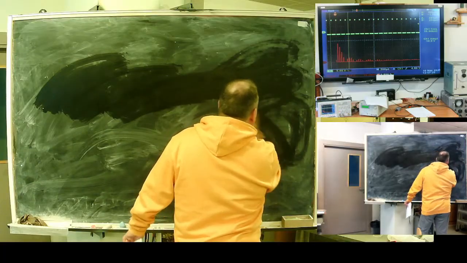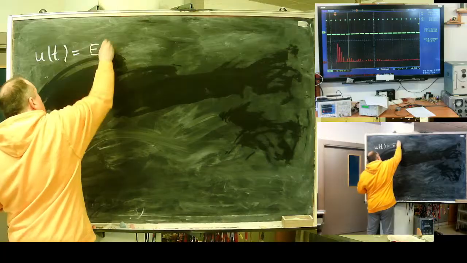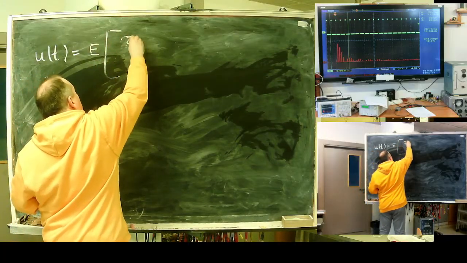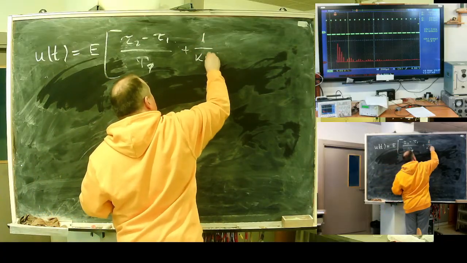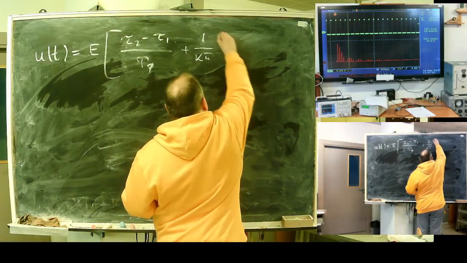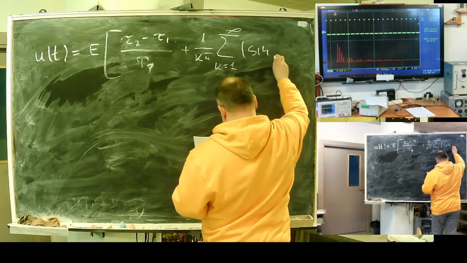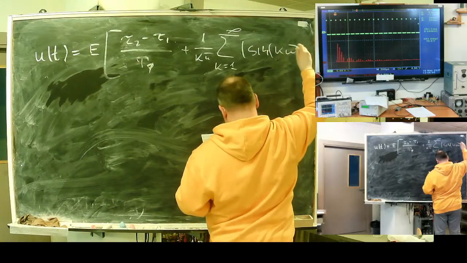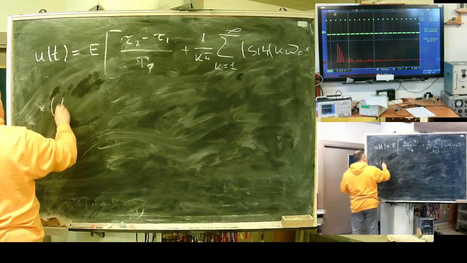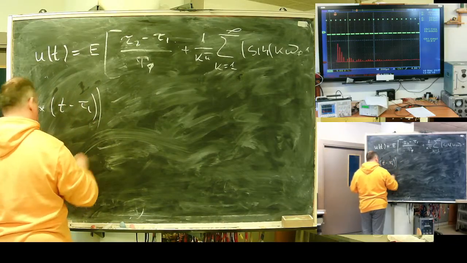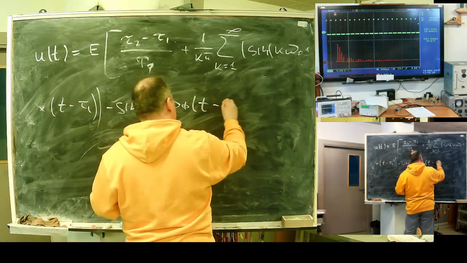Some scholars prefer to write it this way, so I can substitute my signal as E multiplied by (tau 2 minus tau 1 divided by T0 plus 1 divided by kπ), sum where k is from 1 to infinity, sine of kω0 multiplied by tau 1 minus sine of kω0 (t minus tau 2).